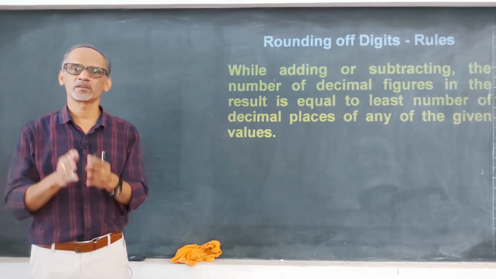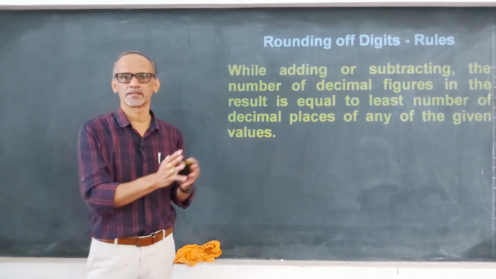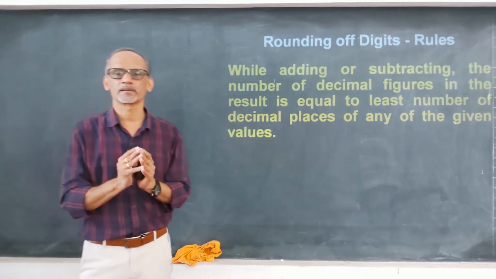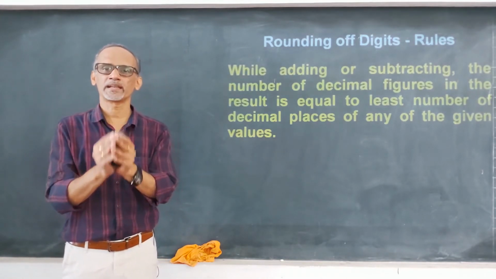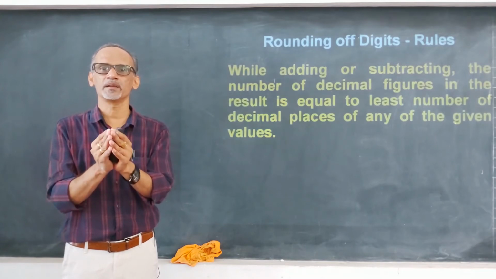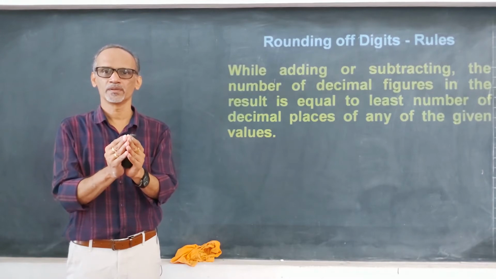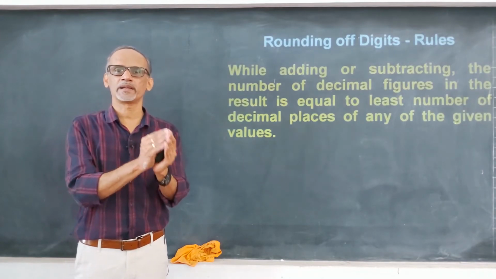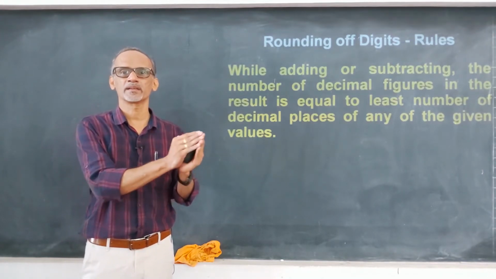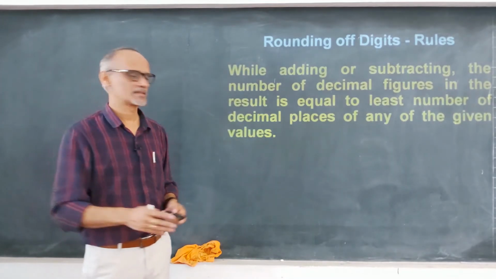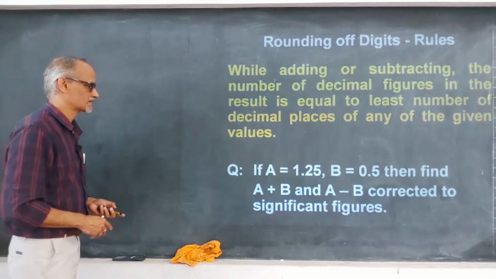Here we have to concentrate only on the decimal figures, decimal places. So, the rule is whenever we add or subtract numbers, in the final answer the number of decimal places is equal to the least number of decimal places given in any of the values. Are you clear? Okay, let us see the example. So, that makes things clear.